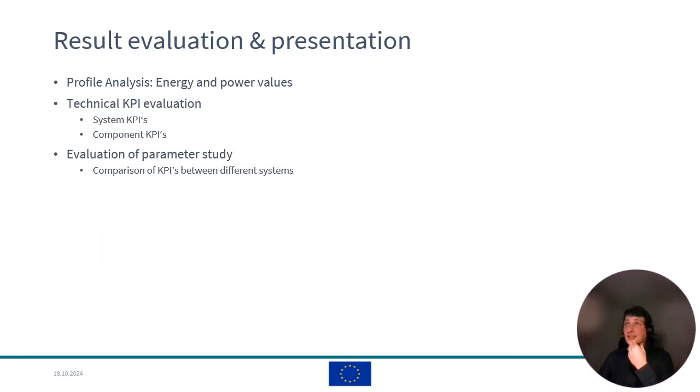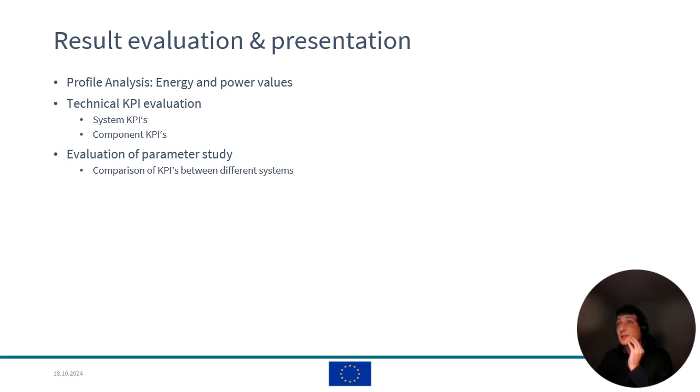Since we have lots of profiles in there, the energy and power values of the profiles could make sense. So show all those profiles that went in or that go out of the simulation. And your most important key performance indicators. We'll get to this in a second. So there are some slides on all those key performance indicators later on.